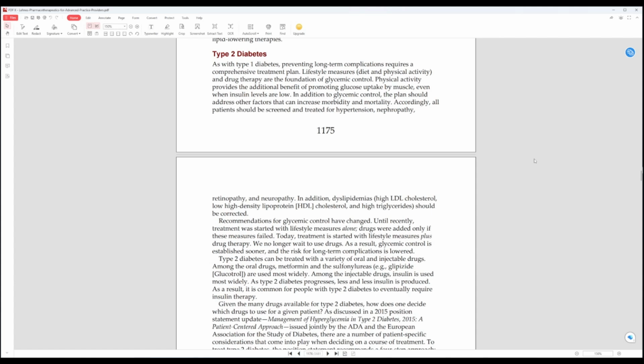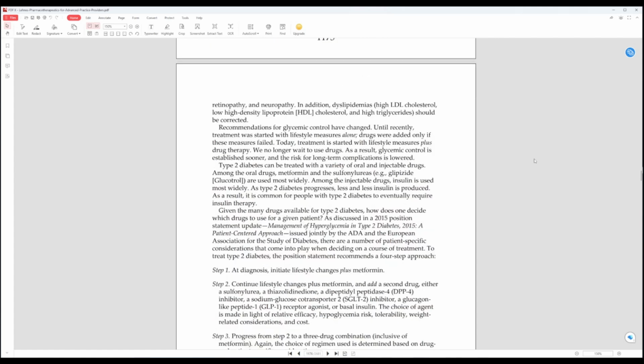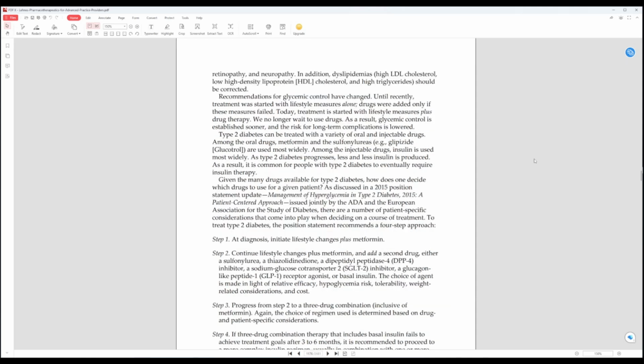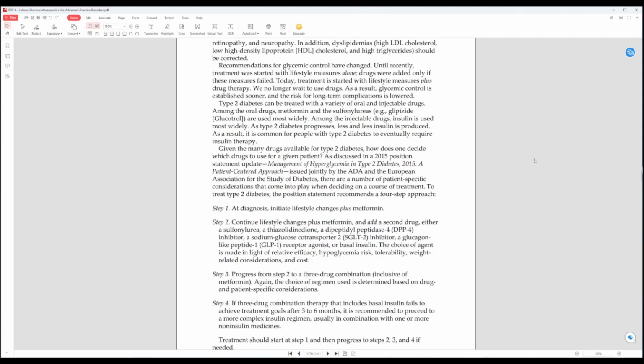In addition to glycemic control, the plan should address other factors that can increase morbidity and mortality. Accordingly, all patients should be screened and treated for hypertension, nephropathy, retinopathy, and neuropathy. In addition, dyslipidemias, again that high LDL cholesterol, and low high-density lipoproteins, your HDL cholesterol, and triglycerides, should be corrected.